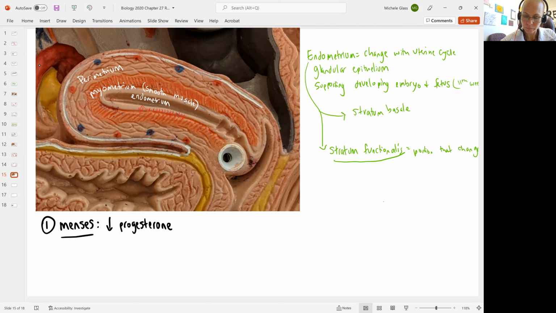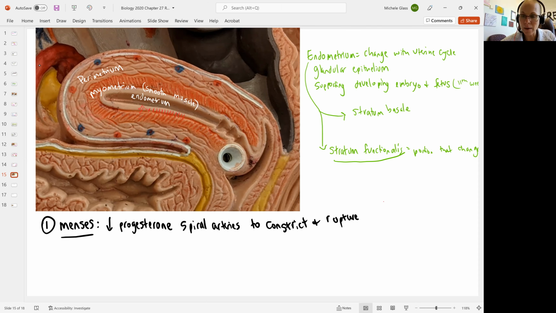It causes the spiral arteries to constrict, and they rupture some. So some of the blood that's lost is from that rupturing. And so essentially that stratum functionalis layer is going to die.